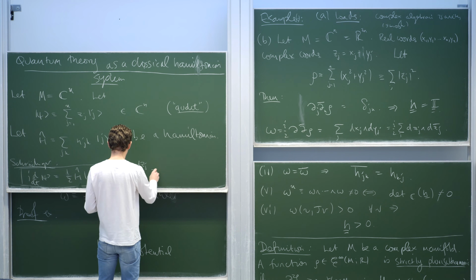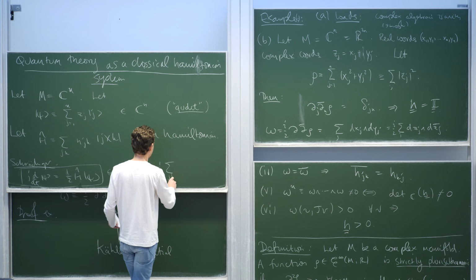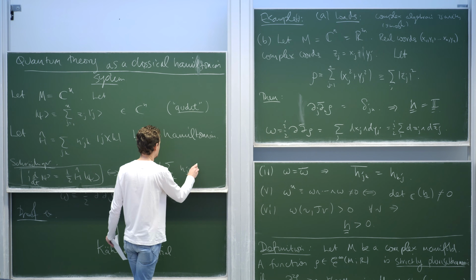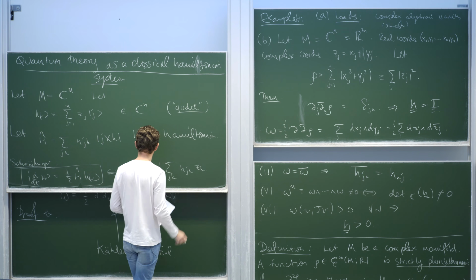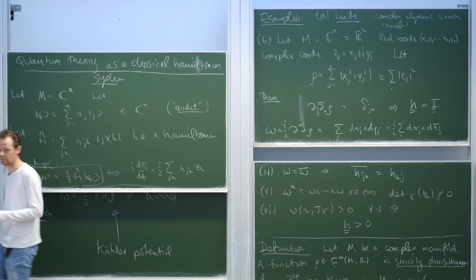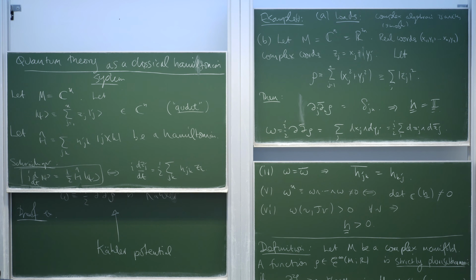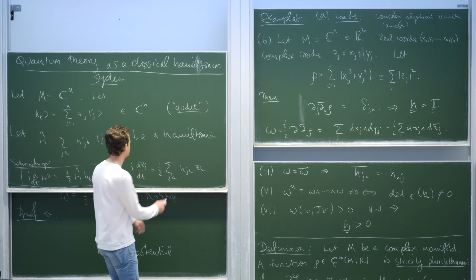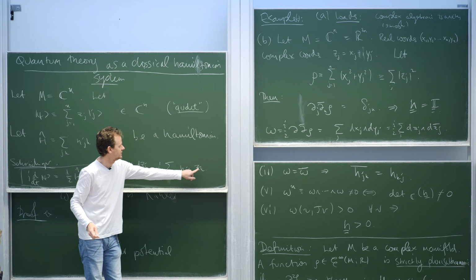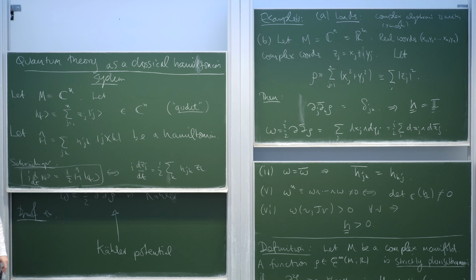And in components, that tells us that the first derivative of the z_j coordinate is equal to the sum over k of h_jk times z_k, the k coordinate.